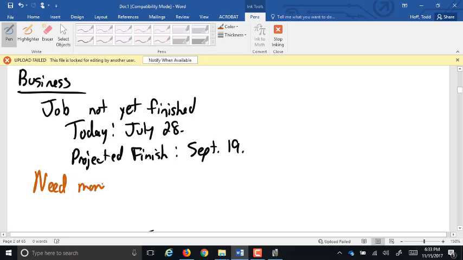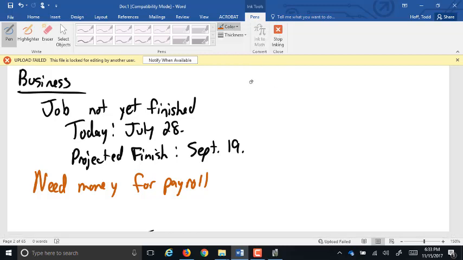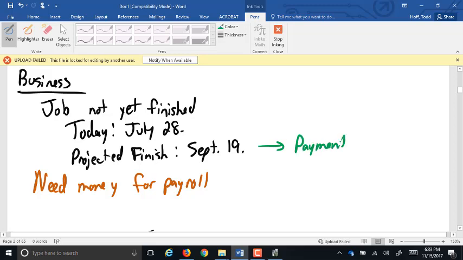You need money for payroll. That's always promising as an employee to hear that, right? On this September 19th finish date, the contracted amount, you will receive a payment of $9,800.